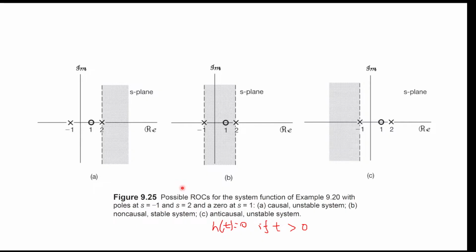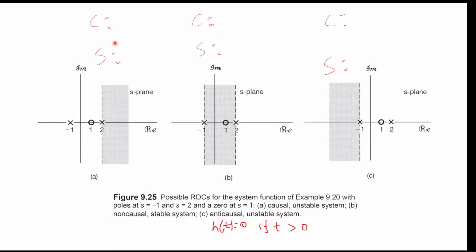We talked about how we can use the ROC to determine whether the system is causal or stable, so we actually have six cases here. So we can now do voting. For the first ROC, do you think it is causal or not? If you think this is causal, raise your hand. And if you think it is not causal, raise your hand.